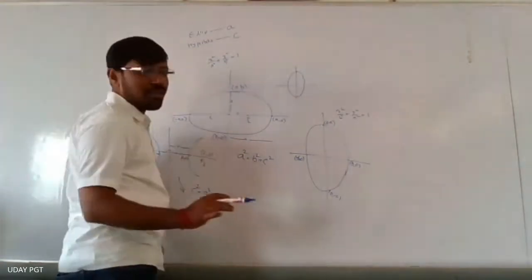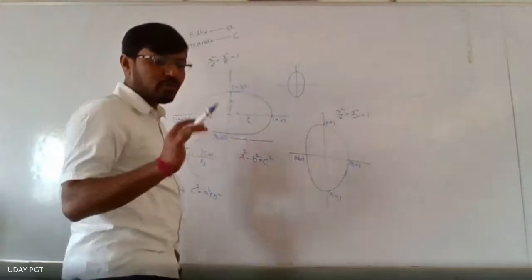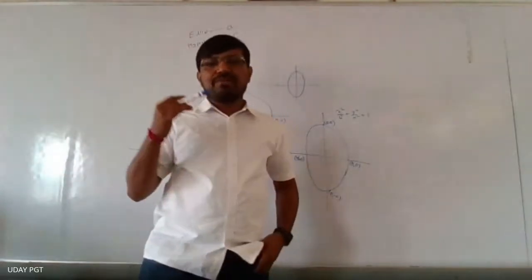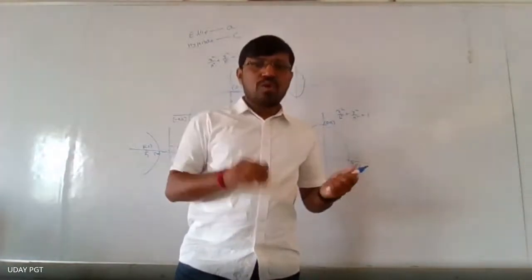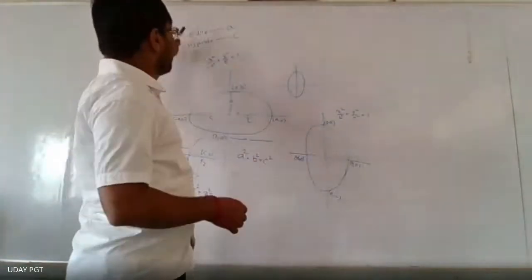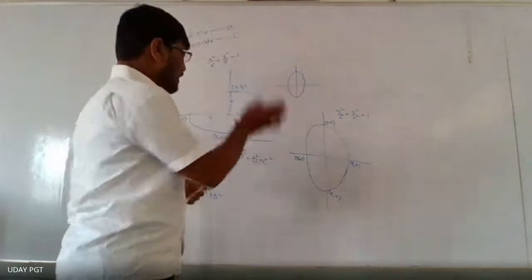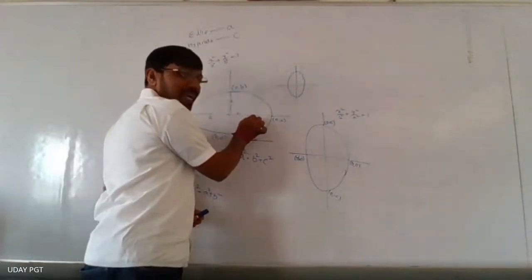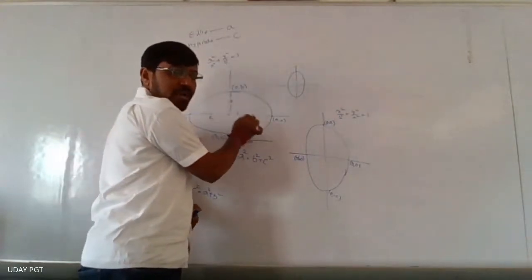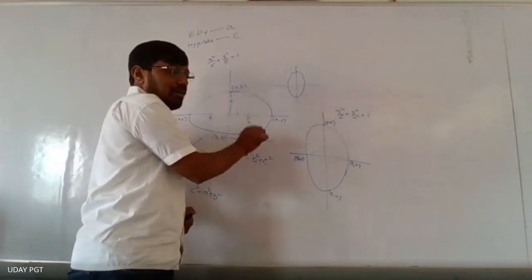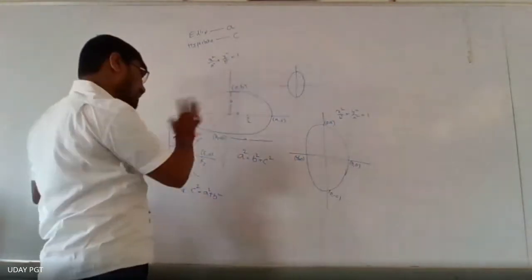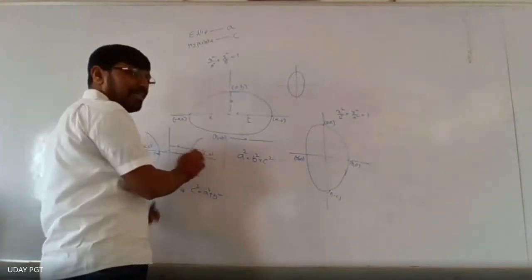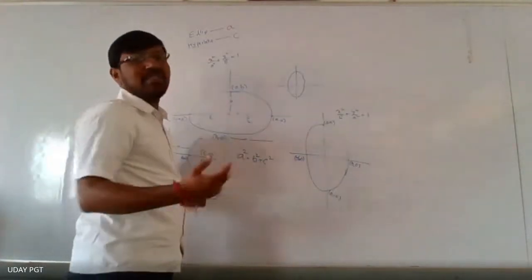So remember only this point, so that you can easily remember it for a long period of time. The only thing is that in case of ellipse, A is more, because the focus will be inside the ellipse. When you take hyperbola also, you can say it is inside, but the C distance is more.